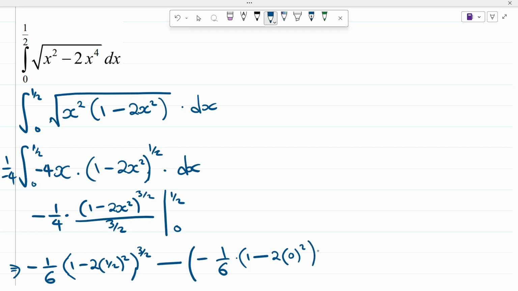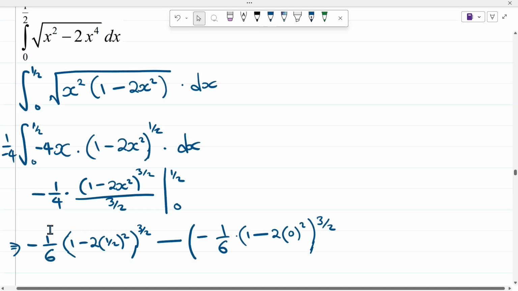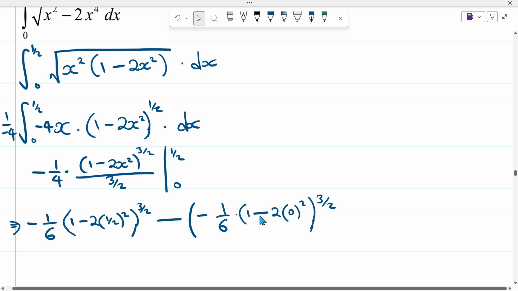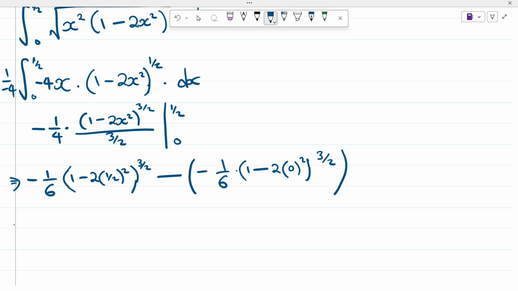to the power 2, all to the power what? 3 over 2. Then from here, I need to use my calculator.